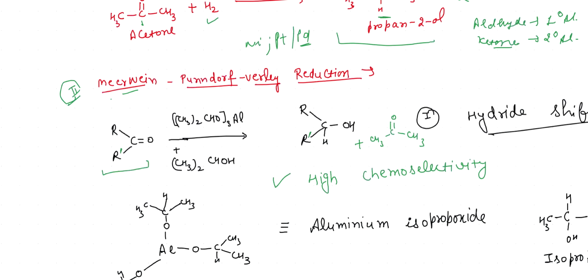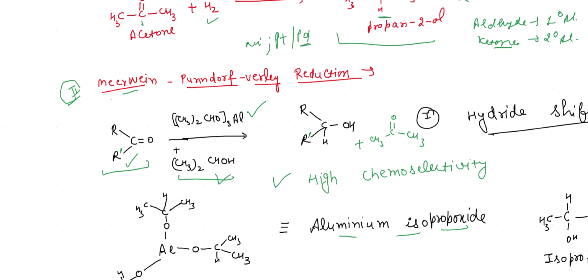One is R, another one is R1. This reaction is carried out in the presence of a metal alkoxide, that is aluminium isopropoxide. You have chosen aluminium isopropoxide, and the solvent you are choosing is isopropanol.